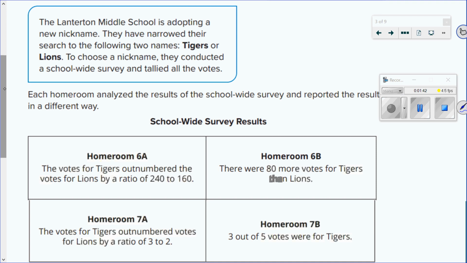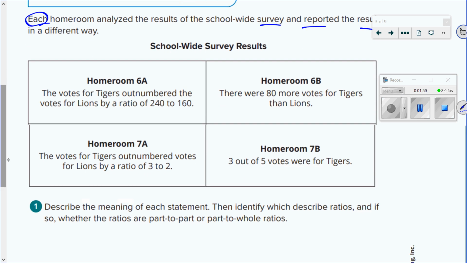To choose a nickname, they did a school-wide survey by homerooms, and then they tallied the results. So here are the results of the surveys. Each homeroom analyzed the results of the survey and reported the results in a different way. For 6A, they said the votes for Tigers outnumbered the votes for Lions by a ratio of 240 to 160.